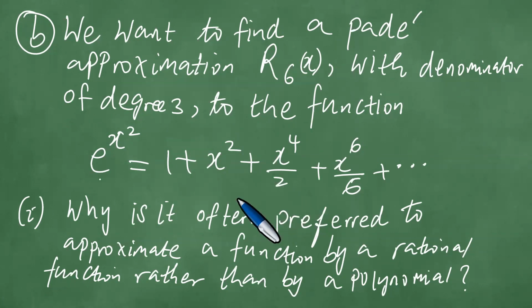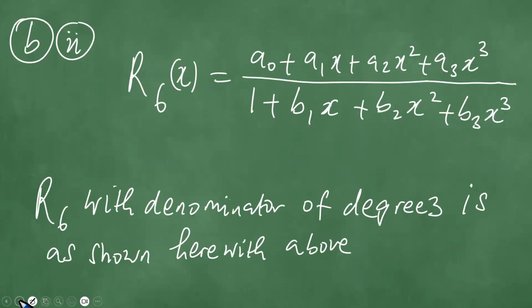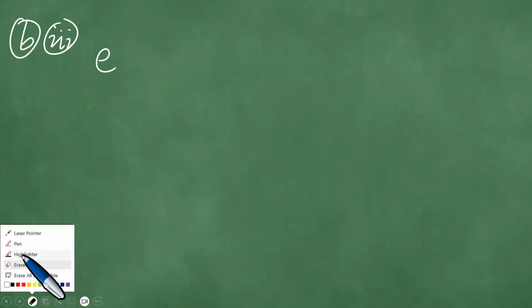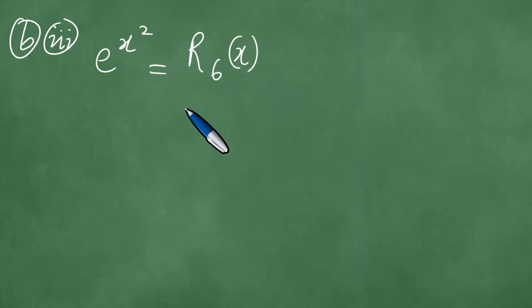So we have been given this function, e to the x squared, which is R6 of x.